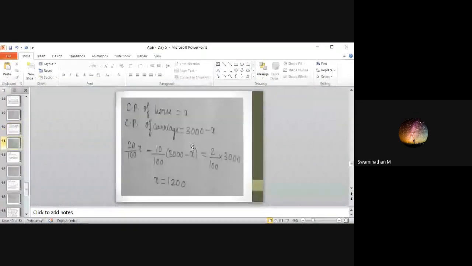So the formulas will remain the same. Formulas will be easy, but you have to understand the question and apply it, and that is not so easy. You must read the question carefully, you must understand, and you have to practice.